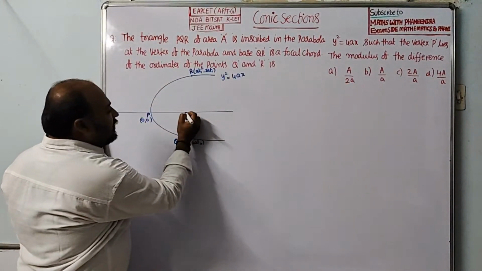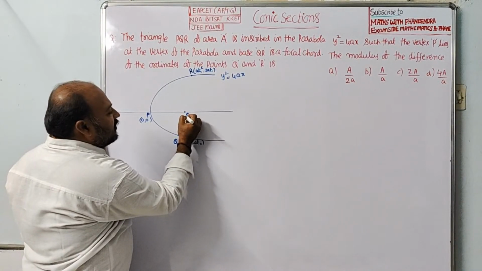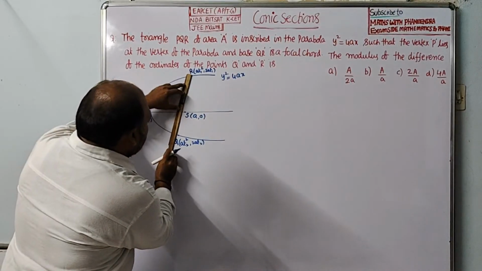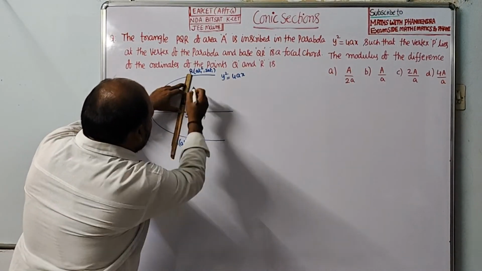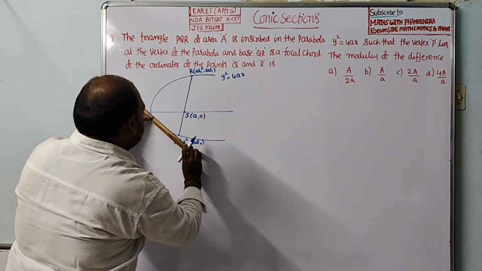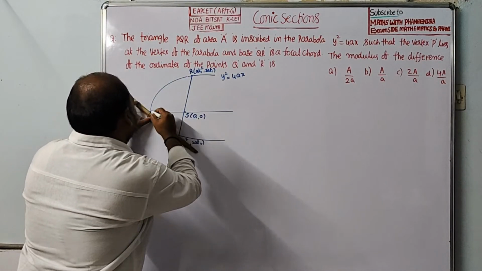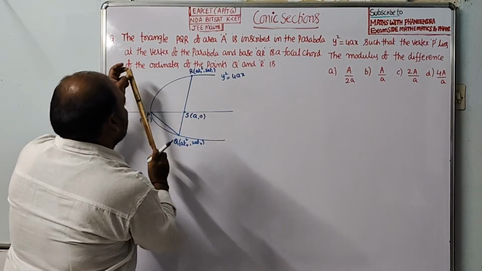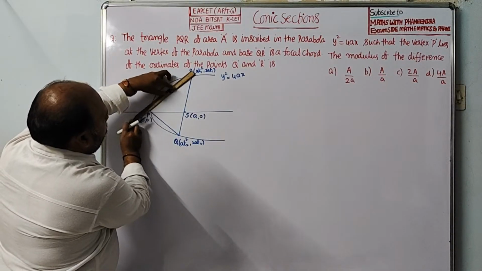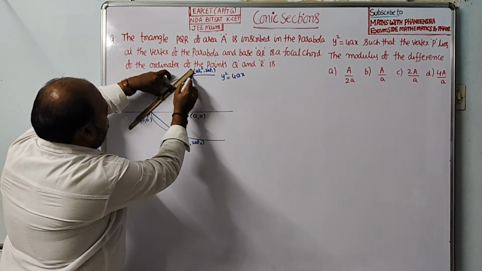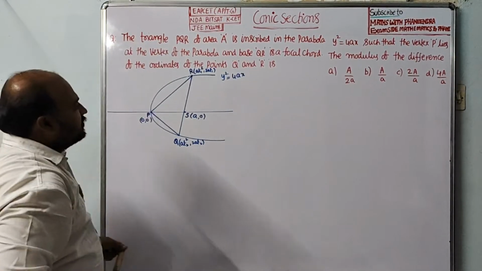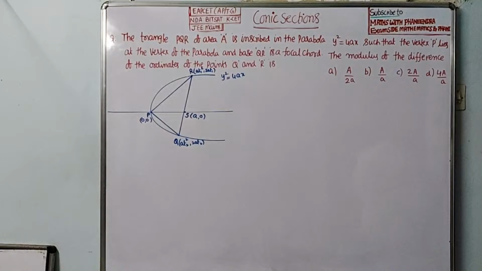One side they are saying that RQ is a focal chord, that means the chord passing through the focus. This is the focal chord, yes, students. And join like this, you get the triangle. So exactly the triangle we got.